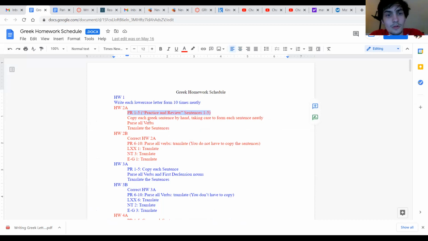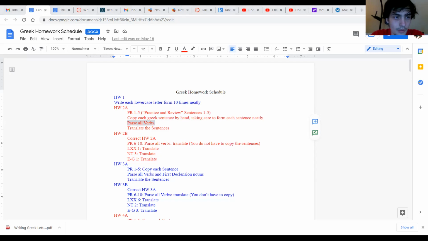We practice how to write out each letter. So if we copy each sentence by hand neatly, then we can translate the sentence after we copy each sentence by hand. And after we've copied each sentence and translated, I will be asking for the parsing of all the verbs.